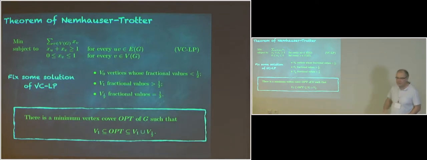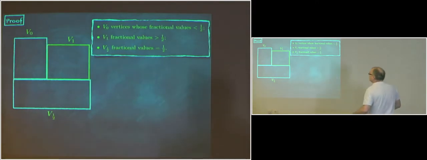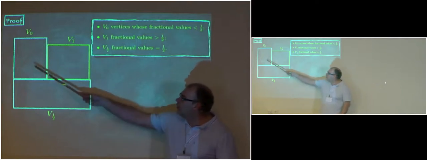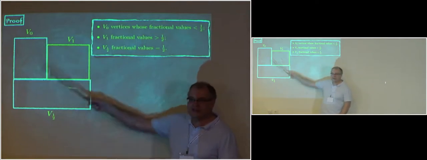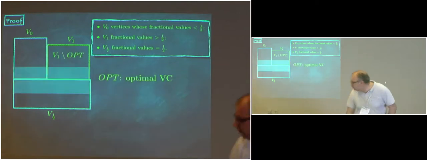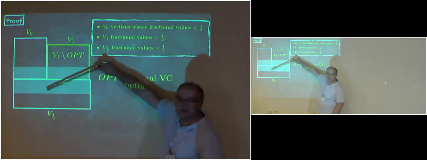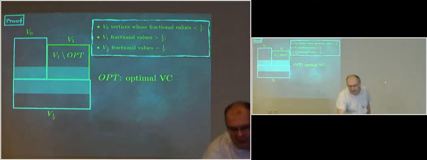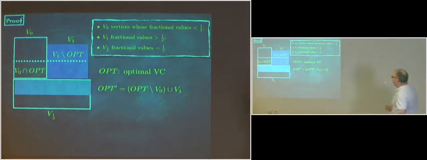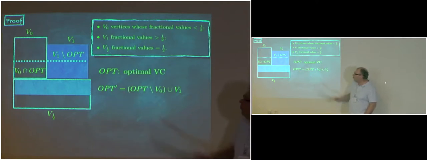Okay, so how can this theorem be proved? We have the solution of the linear program, which gives this partition of the vertex set. Suppose we have some optimal vertex cover solution which lives here, here, and here. Now I construct a new set of vertices, which I call OPT prime. What is this?